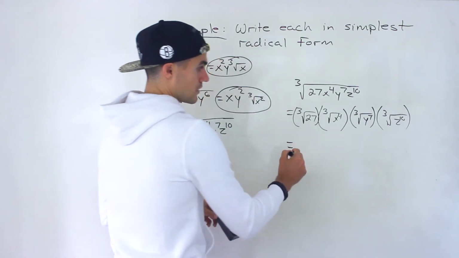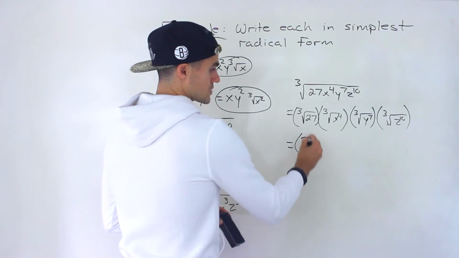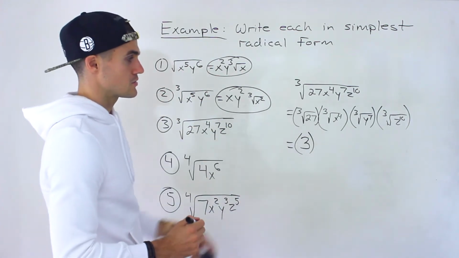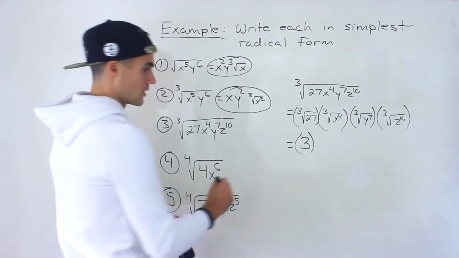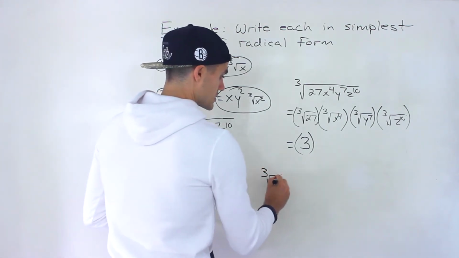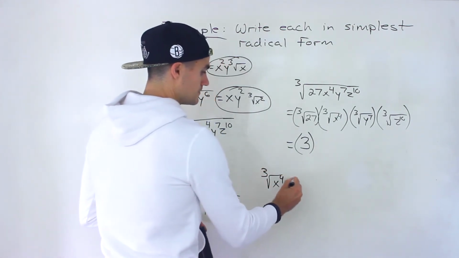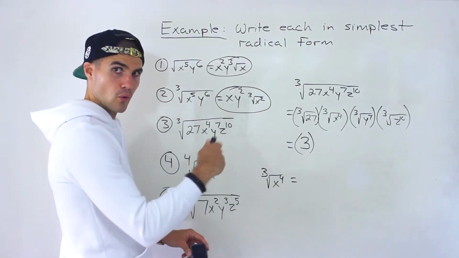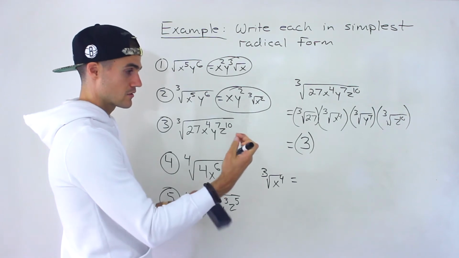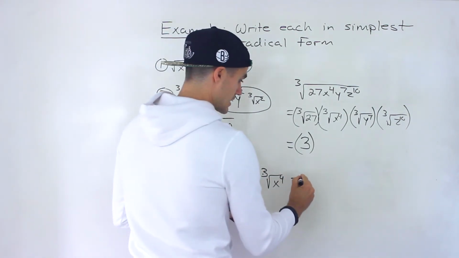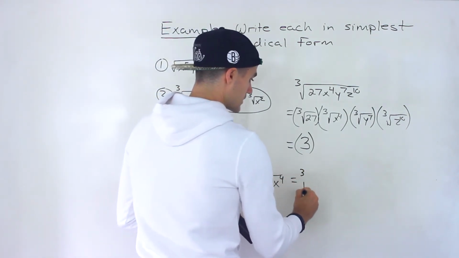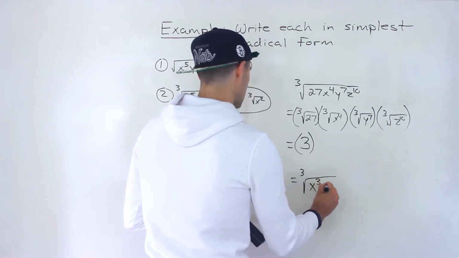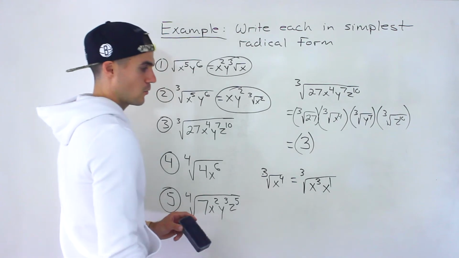Third root of 27, well, that's just 3, which is nice. It's not always going to be a smooth number like that, but in this case it is. Third root of x to the 4, let's work with this on the side. What's a number that's a multiple of 3 but less than or equal to 4? What's the highest number? 3. And so we would rewrite this as the third root of x to the 3 times x to the 1.